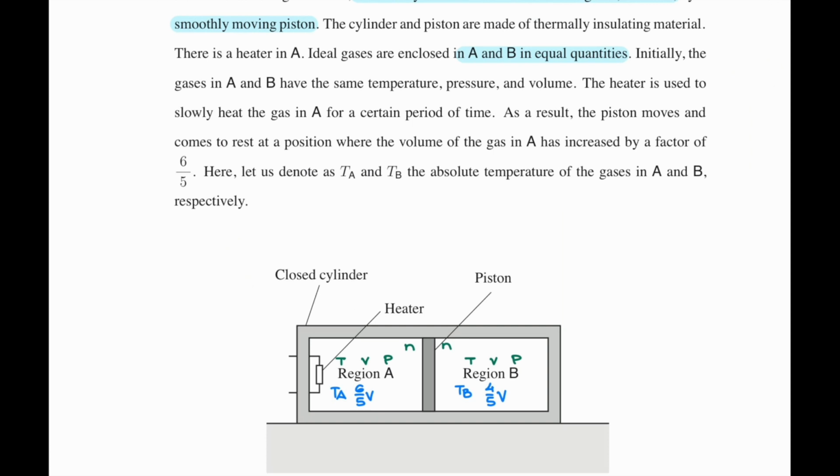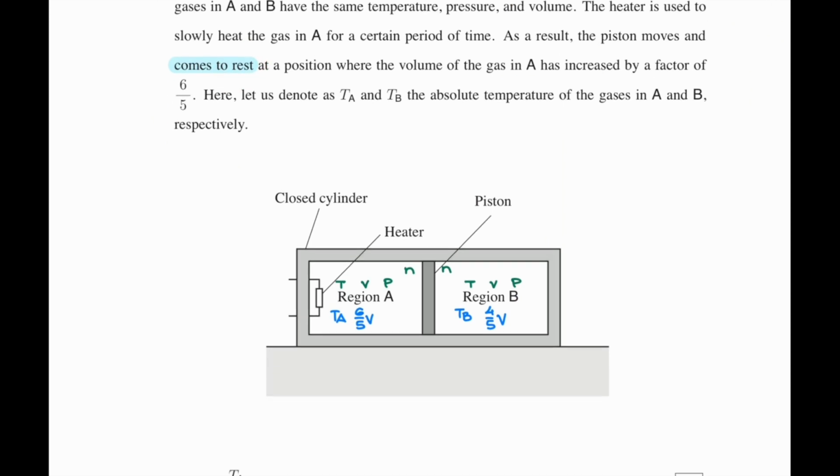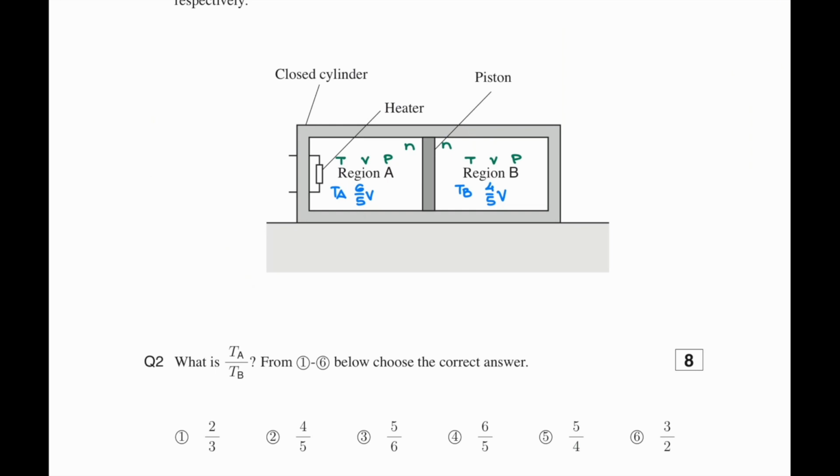As you can see from the information here, as a result the piston moves and comes to rest. This is the phrase that I will highlight. The piston comes to rest. Why does the piston come to rest? Because the force from A is equal to the force from B.